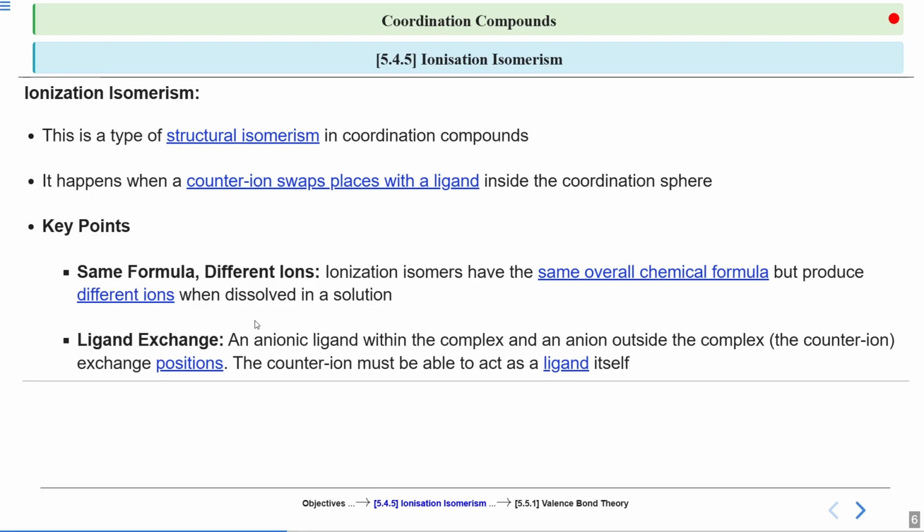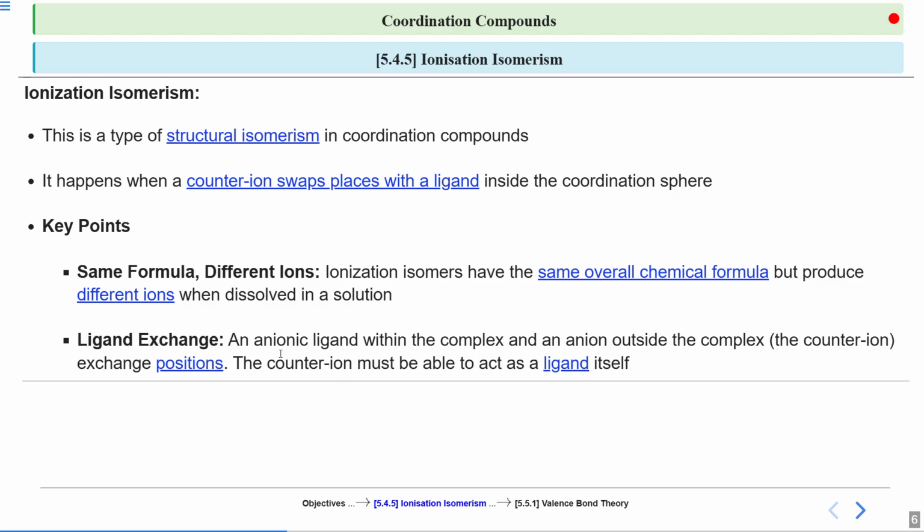Ligand exchange. An anionic ligand within the complex and an anion outside the complex, which is called the counter ion, exchange positions, and the counter ion must be able to act as a ligand itself. An anionic ligand means a ligand having an overall negative charge.